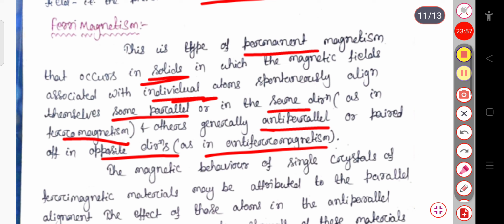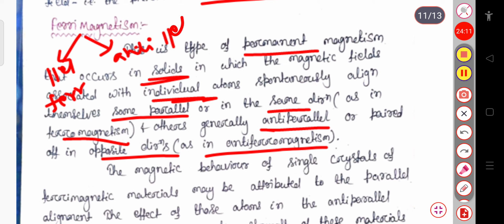Basically, we can say there are two types. When the alignment is in the parallel direction, this is ferromagnetic behavior, and when the alignment is anti-parallel, this is anti-ferromagnetism.